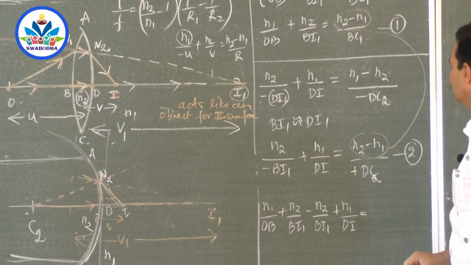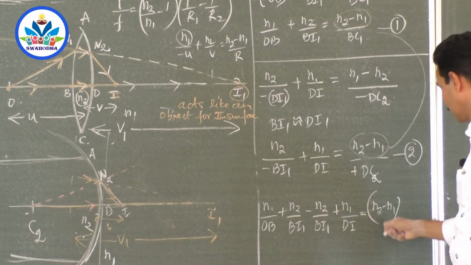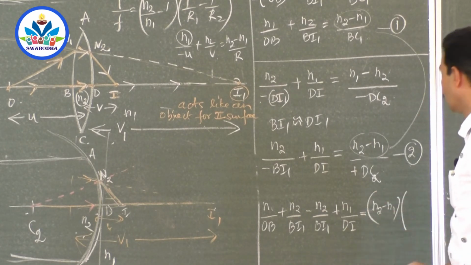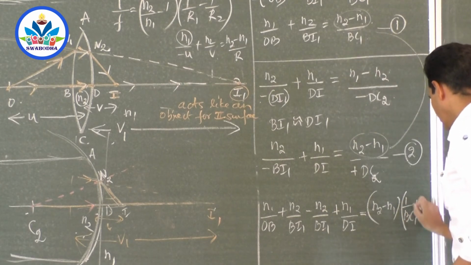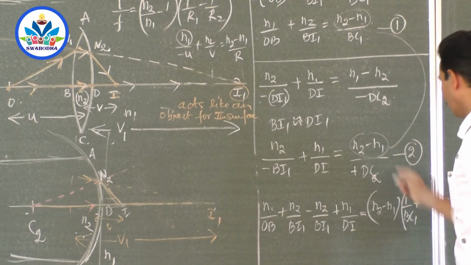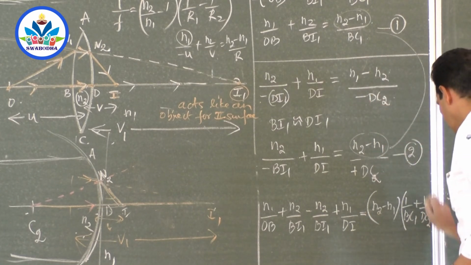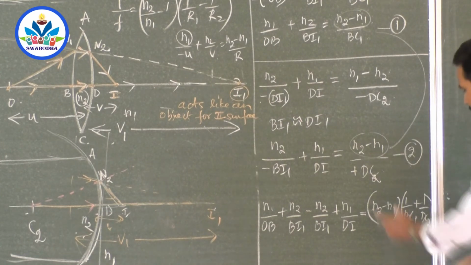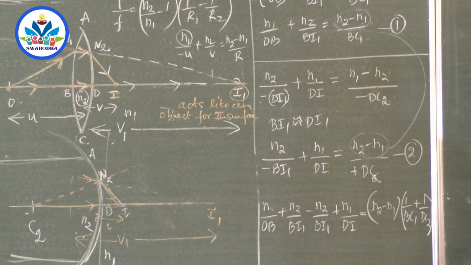What will I get then? N2 minus N1 common outside. Put a bracket here, don't leave this, into, what is here? 1 by BC1 plus 1 by DC2. Of course, I have interchanged this and made it positive. 1 by DC2 radius, or N2 minus N1 by BC1, N2 minus N1 by DC2.